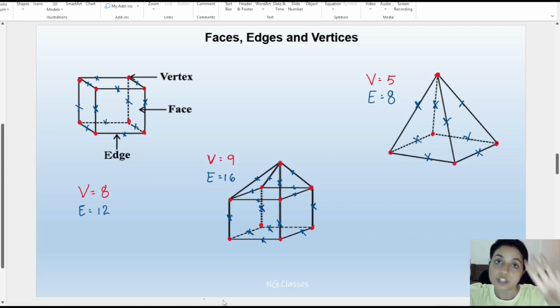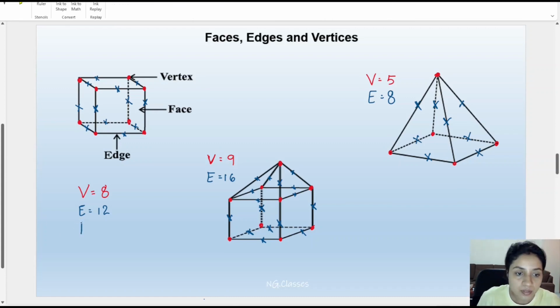Alright, so a total of 4 squares. Now one square at the top and one square at the bottom. So 4, 5, and 6. So we can say a total of 6 squares, or 6 faces, are used to make this cube. So the number of faces is equal to 6.